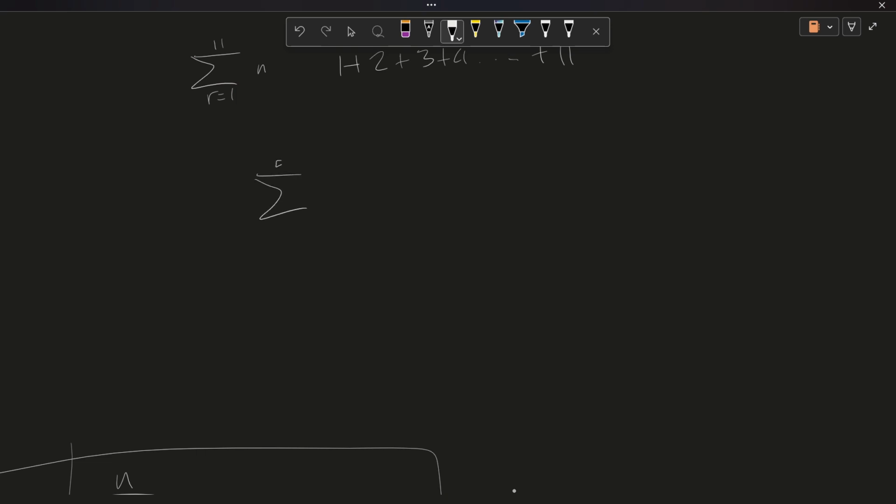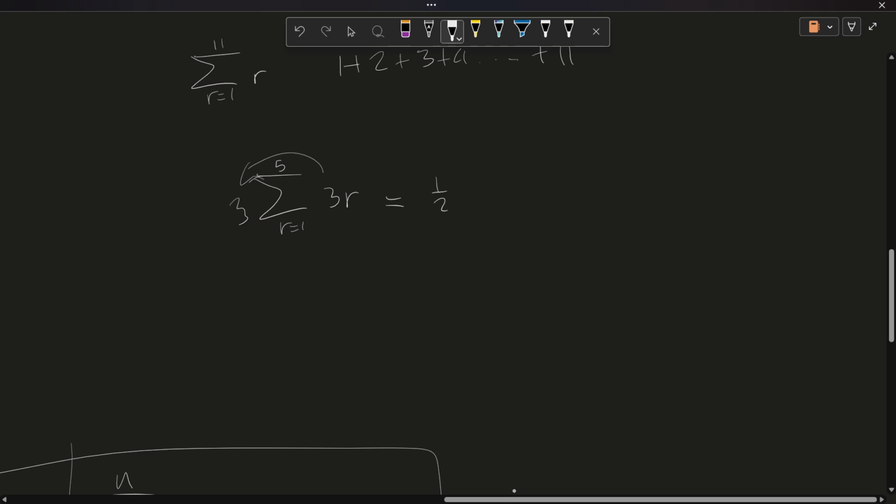If we do something a bit more complicated, which it isn't, but it looks more complicated, let's say it was 3r, r equals 1 to 5, with r being the one we replace and 5 being our limit. You do the formula. We can move this constant over here, by the way. Same with integration, you can just move constants outside that are multiplied by everything, so you don't have to deal with it for now, and just multiply it at the end.